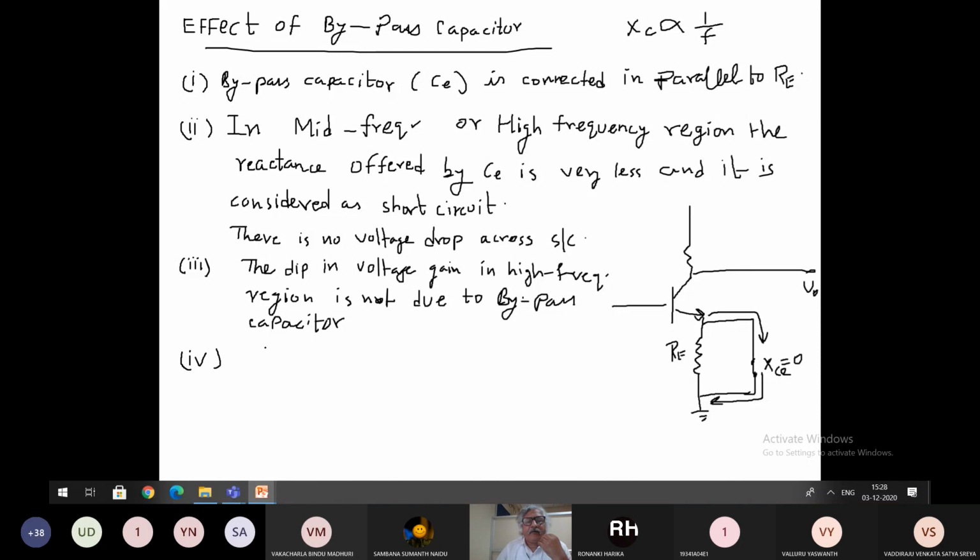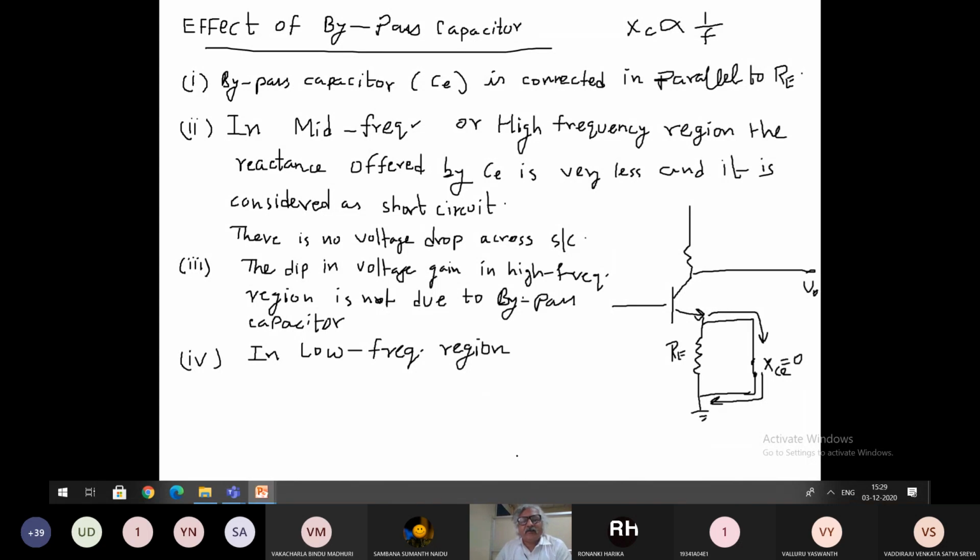Now the fourth point, in the low frequency region. Now you come to the low frequency region, where the frequency is very low. Since the frequency is low, the bypass capacitor will offer a resistance.